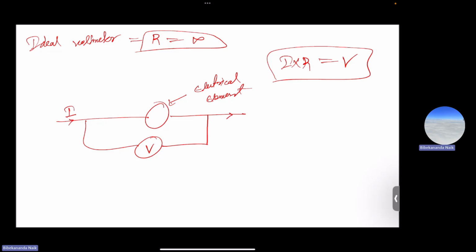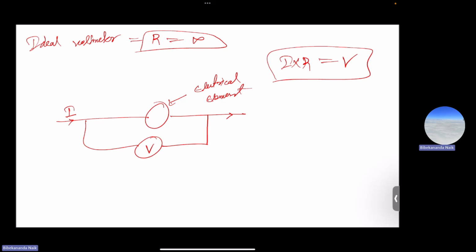We want the majority of the current to flow through this electrical element only, and the circuit should not be disturbed by the introduction of the voltmeter. Since voltmeters generally have high resistance, they will draw very little current when connected in parallel.